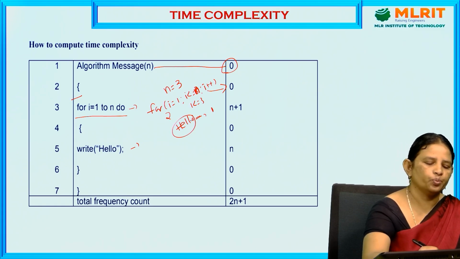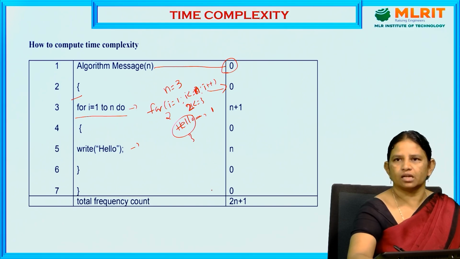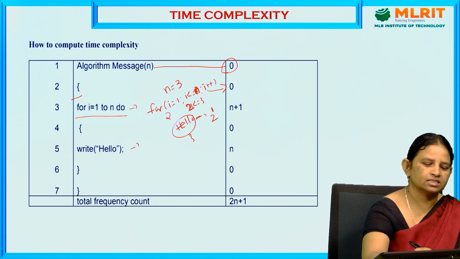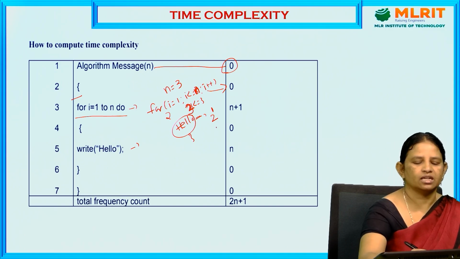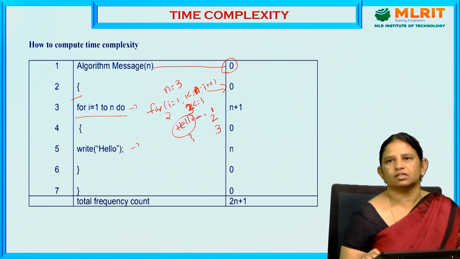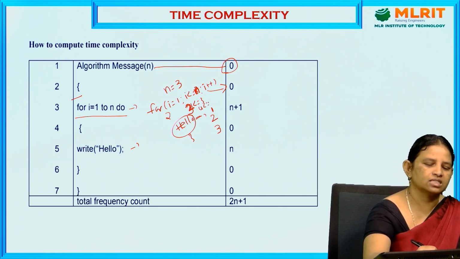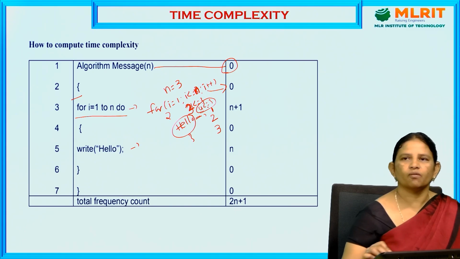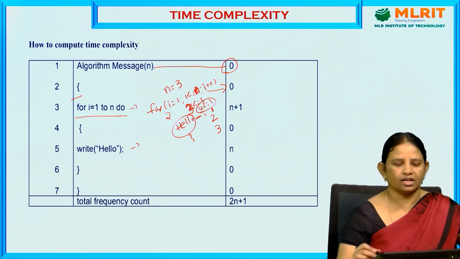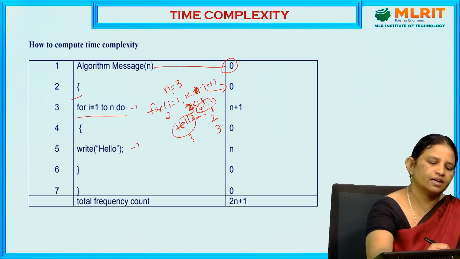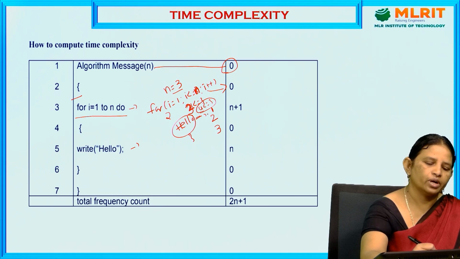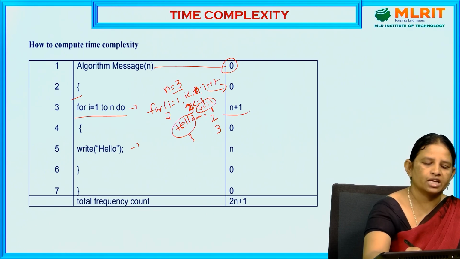Next, the loop is repeated, i is incremented, i becomes 2, 2 less than or equal to 3, hello printed second time. Again i is incremented, i becomes 3, 3 less than or equal to 3, third time. Again i is incremented, i becomes 4, 4 less than or equal to 3. For the value 4 also we verify the condition. So with n equal to 3, we execute the statement n plus 1 times.